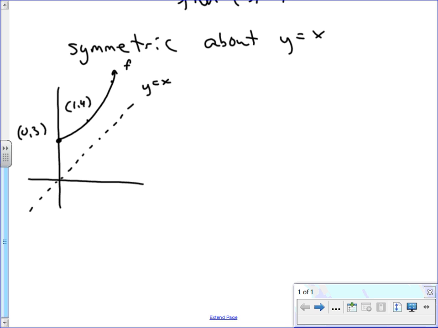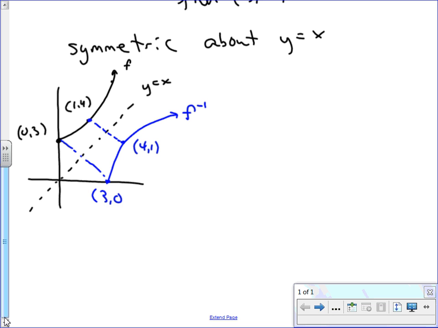Then if I asked you to draw the inverse, it's going to be symmetric. Across here to this point, which will be the point 3, 0. And this point here will go right across to a symmetric point here. That will be the point 4, 1. I've got enough on there to show what the inverse would look like. That's an example of a function and its inverse.